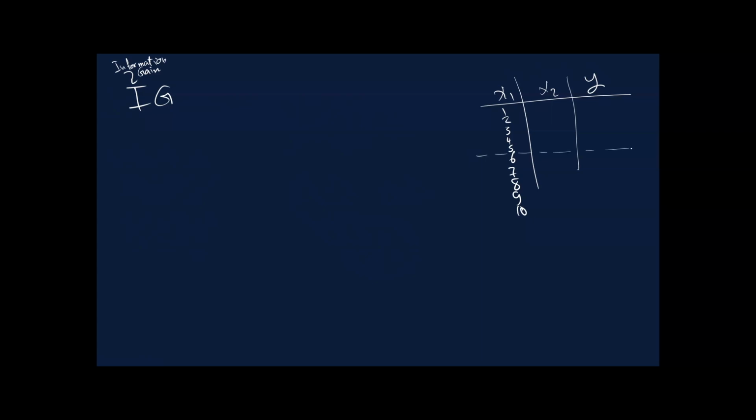And of course we have different values for x2, okay? We have all of these belonging to class 1 and all of these samples belonging to class 2, okay? So we have five samples in each of those classes, okay?